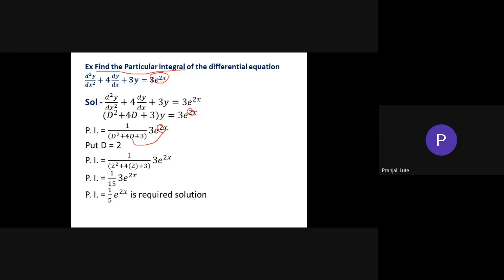So particular integral is 1 upon 2 square plus 4 into 2 plus 3, into 3 e to the power 2x. Calculation is 4 plus 8 plus 3, this is 15. So particular integral of that differential equation is 1 by 5 e to the power 2x. This is the particular integral for the case e to the power ax.